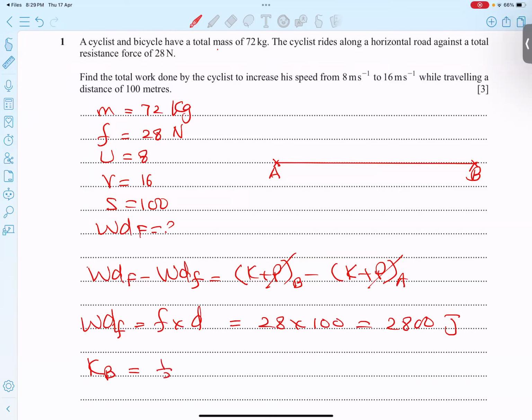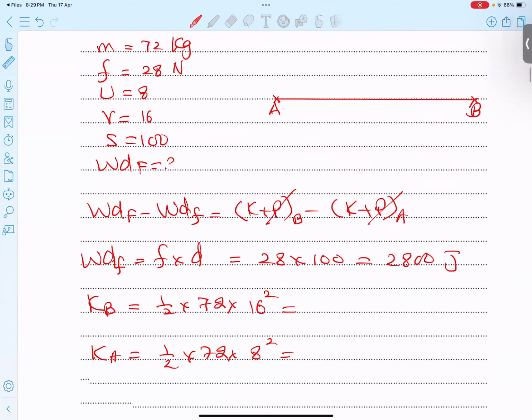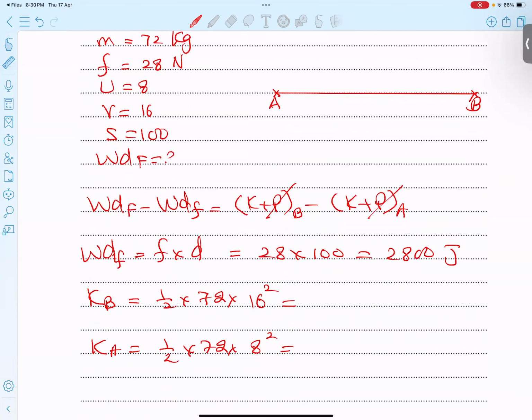Now I talk about kinetic energy at B. Kinetic energy is half mv squared, and VB is 16. And kinetic energy at A is half m v squared, and at A the speed is 8, so 8 to the power 2. So half into 72 into 16 squared. One minute, please, let me check again.